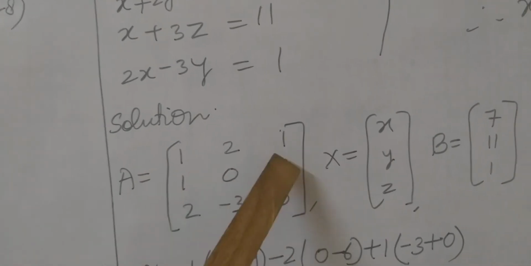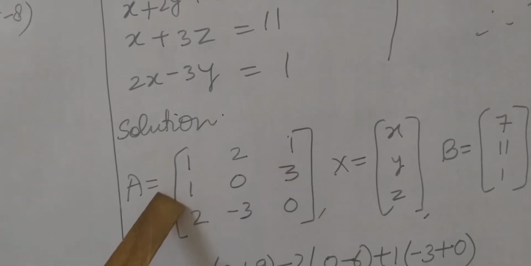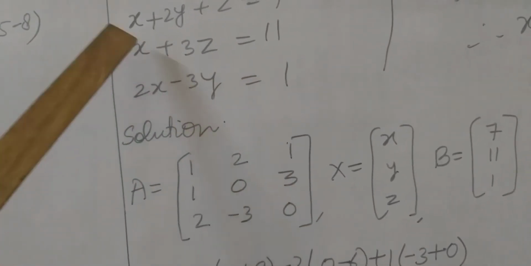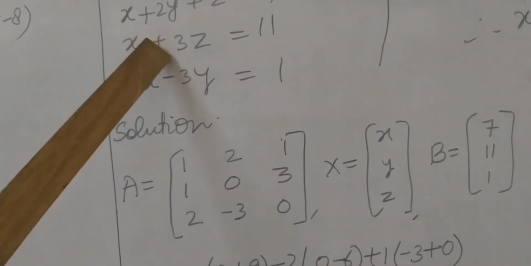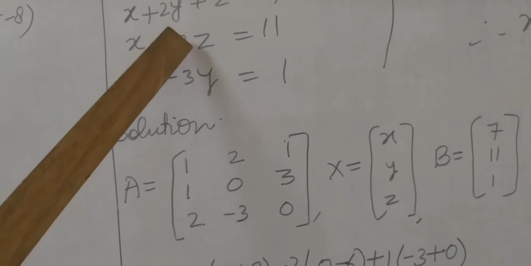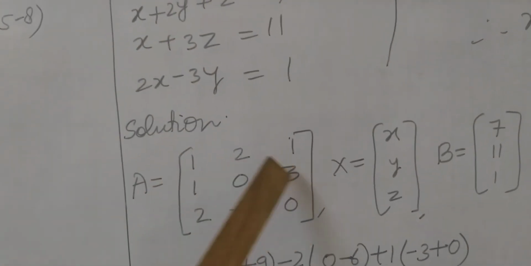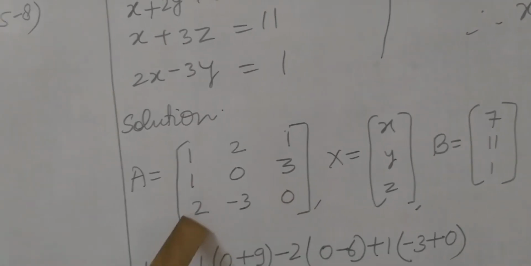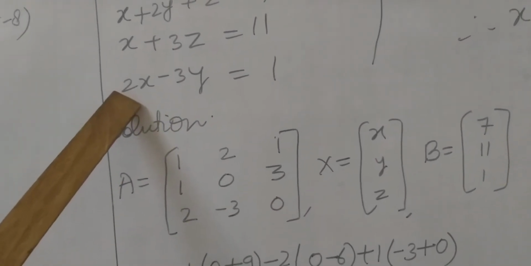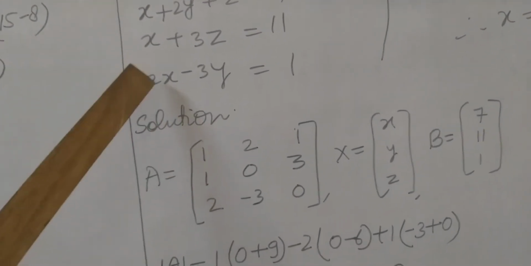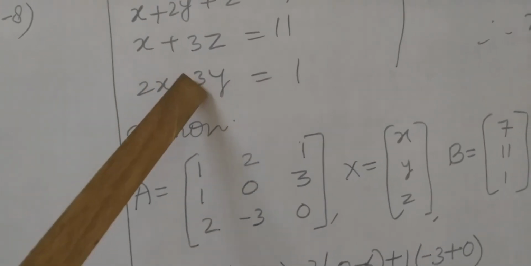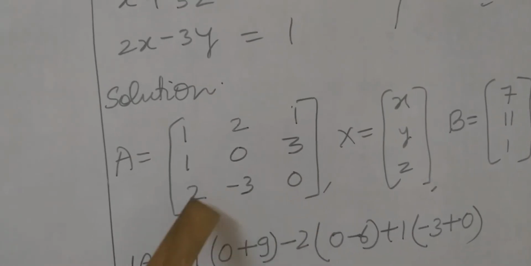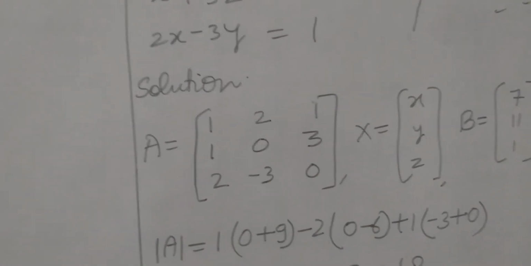In the second row we arrange the coefficients of equation number 2: x coefficient 1, y is not here so y is 0, z coefficient 3, so 1, 0, 3. Now in the third row we arrange the third equation's coefficients, student: x coefficient 2, y coefficient minus 3, z is not here so 0, so 2, minus 3, 0.